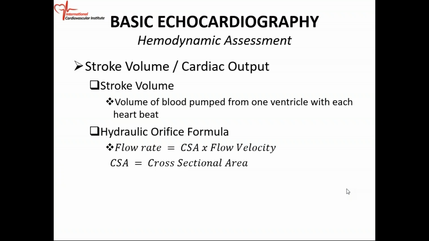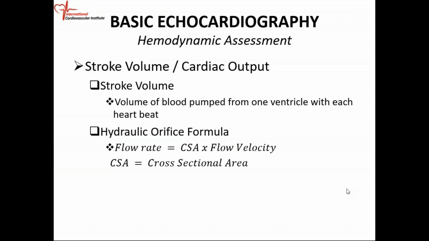So if we look at any structure in the heart, we can find the flow rate. All we have to do is get the cross-sectional area. If you look at the chamber head on, that's the area we're talking about, whatever area that is, and then the velocity of the blood flow. If you multiply those two things together, you'll get the flow rate, which is the volume flowing per second.